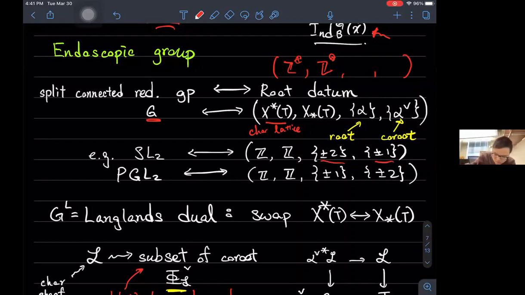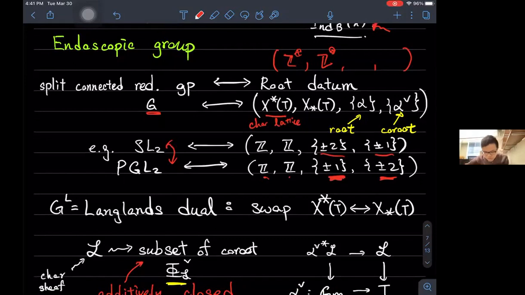For PGL2, it's still Z and Z, but this time it's ±1 and ±2. So they're different. In other words, these 4-tuples could detect the difference of SL2 and PGL2, despite them having the same Lie algebra.